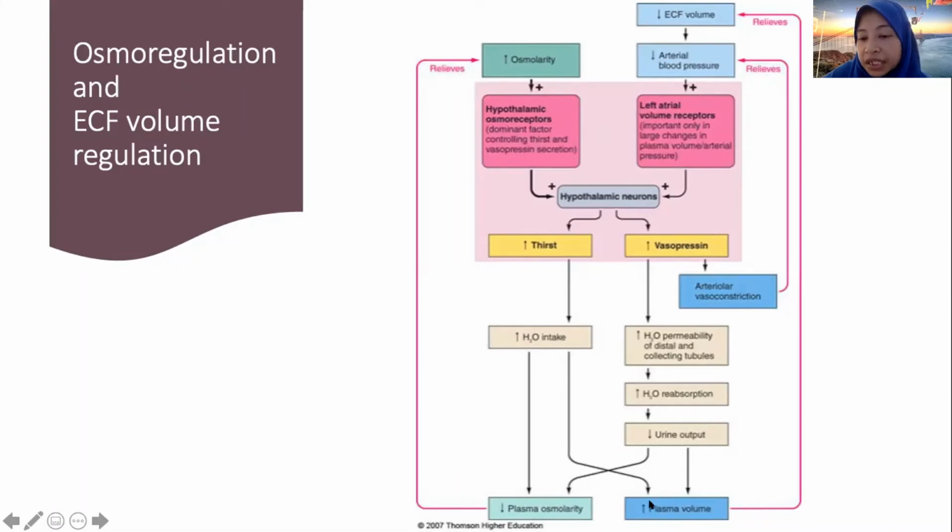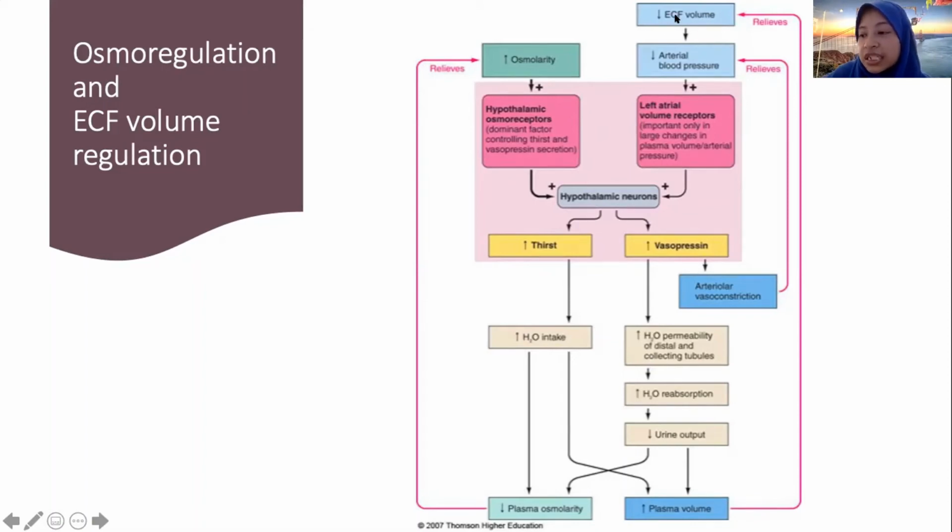Another stimulant for vasopressin release is volume depletion.